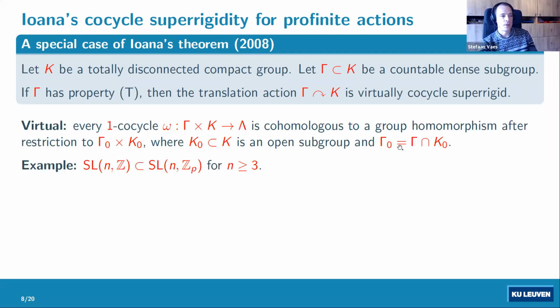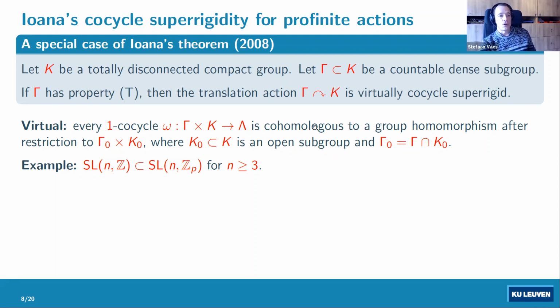And virtual in this context means that it's up to finite index. So a one cocycle need not be exactly cohomologous to a group homomorphism, but it will be the case after you restrict it to gamma 0 times K0, where K0 is an open subgroup and thus a finite index subgroup of the compact totally disconnected K, and gamma 0 is the corresponding finite index subgroup of gamma.